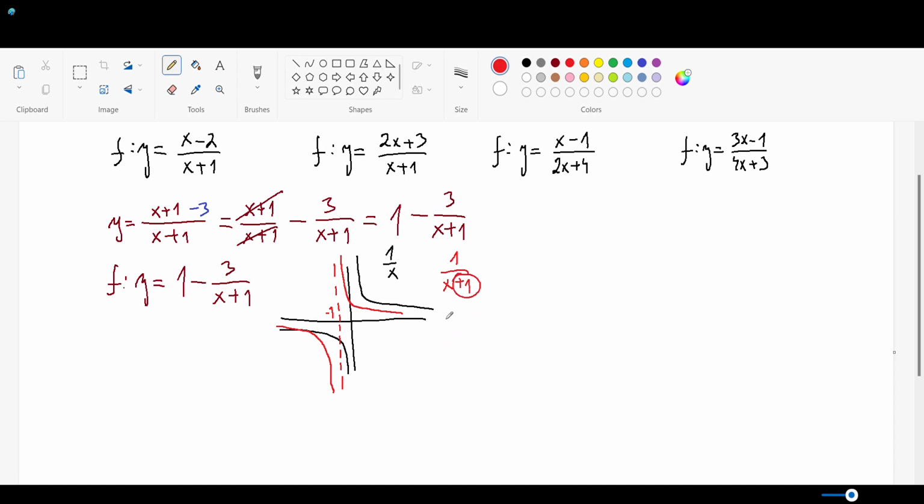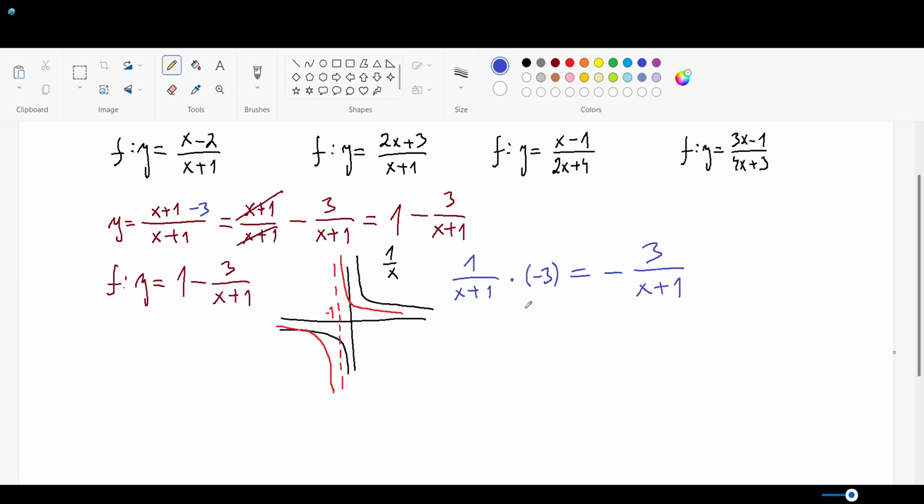This plus 1 means shift to the left by 1 unit. Okay, now what is very important is to keep in mind that we do multiply it by -1, or we can simply say we do multiply our function 1 over x plus 1 times -3, which will lead us to the function -3 over x plus 1.